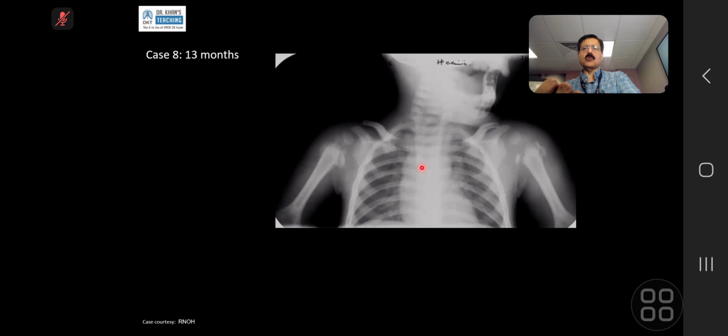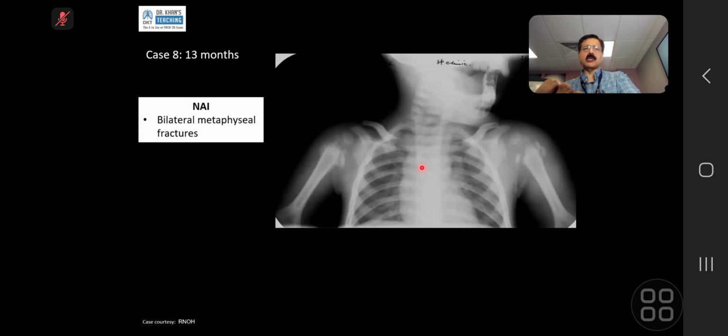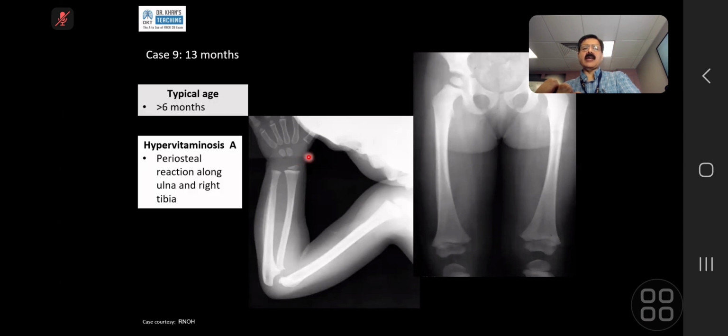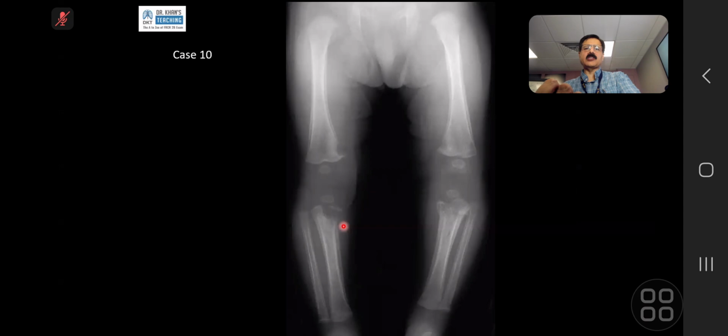So the NAI term has been replaced by suspected physical abuse. And another one is vitamin A toxicity, which can occur in more than 6 months, and this is along the shaft here, the tibia, and along the radius here.